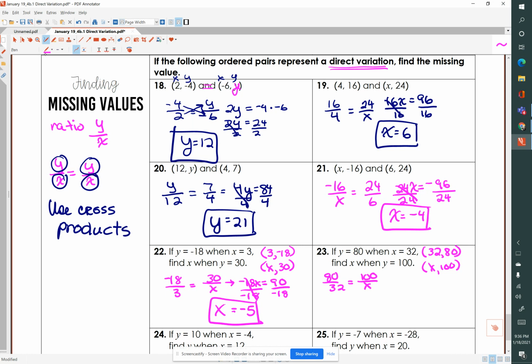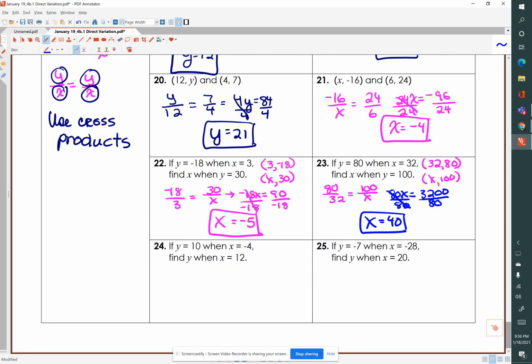That would mean that 80x equals 32 times 100, which is 3,200. Divide both sides by 80, and x equals 40.